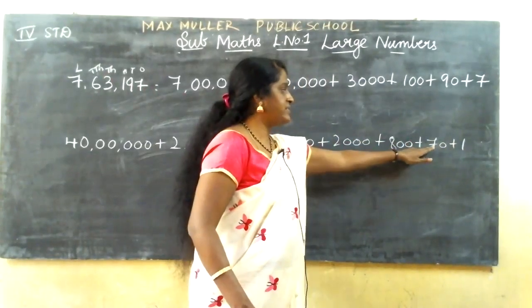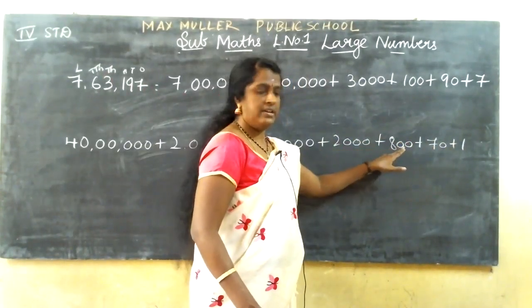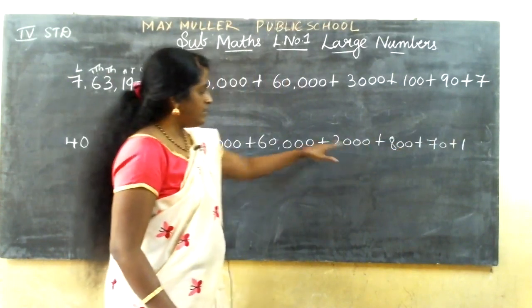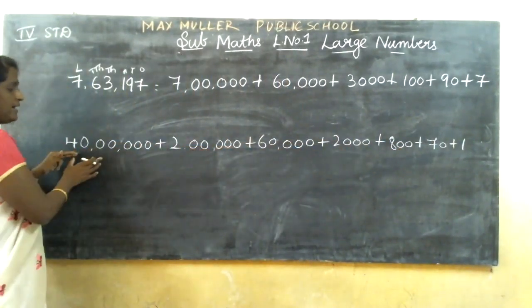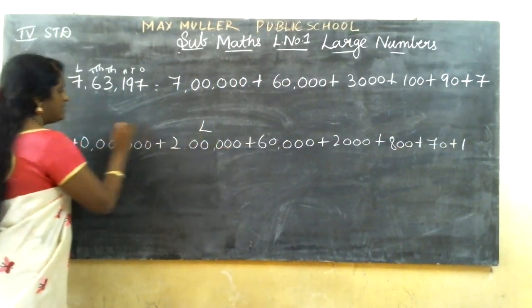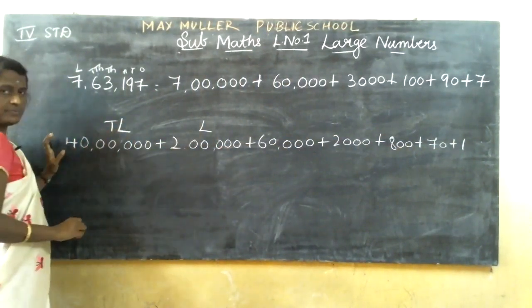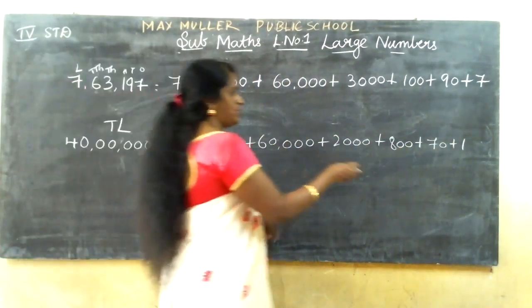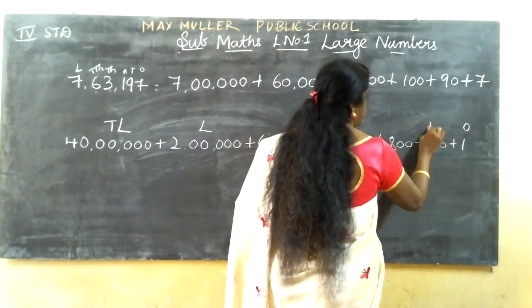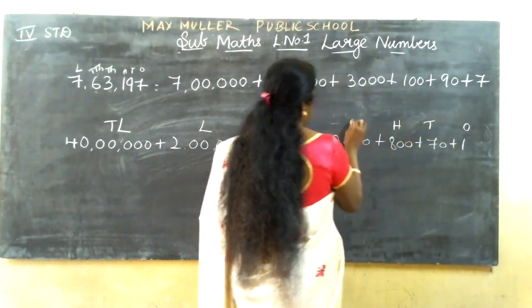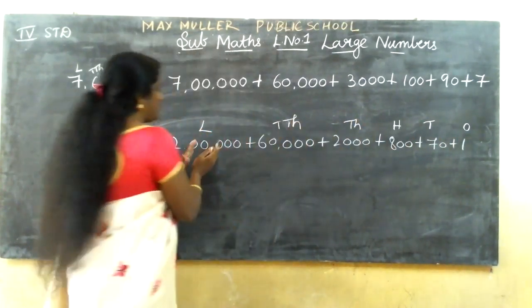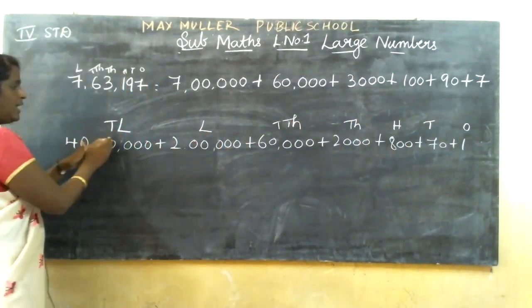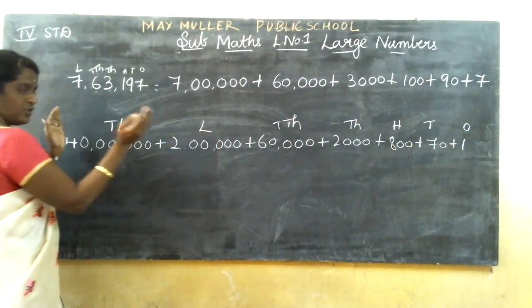Ones, tens, hundreds, thousands, 10,000, lakh, 10 lakh. This is lakh and this is 10 lakh. See, I'll write and show. Ones, tens, 100, 1,000, 10,000, lakh, 10 lakh. So lakh and 10 lakh, we should join.